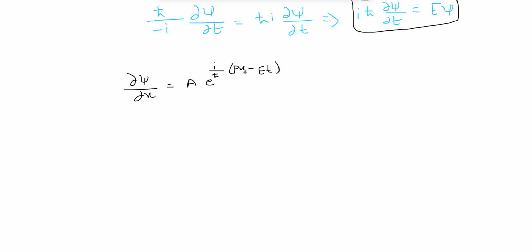Basically, p by h bar is k and E by h bar is omega, multiplied with i p by h bar. So this is again equal to psi.